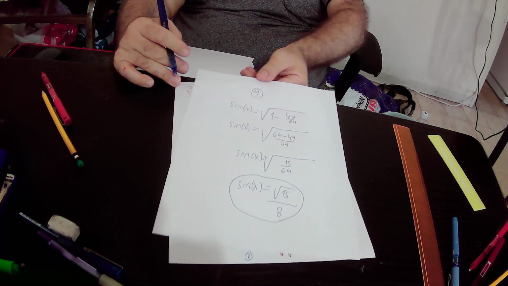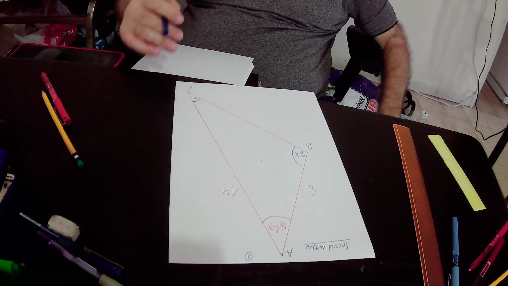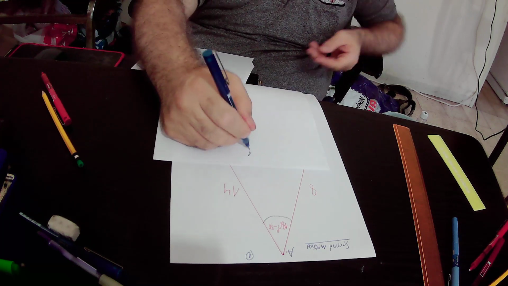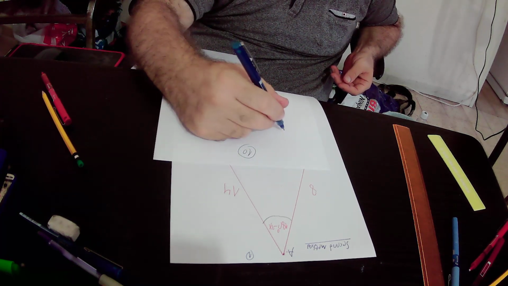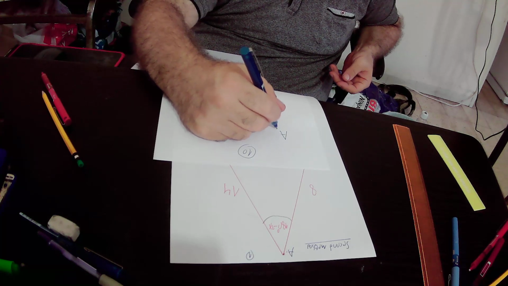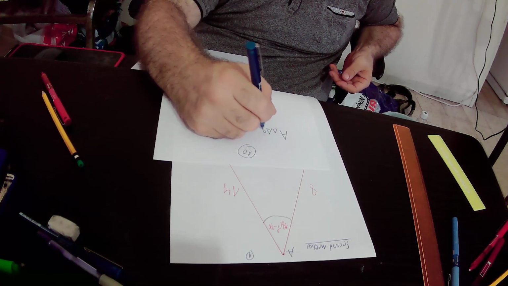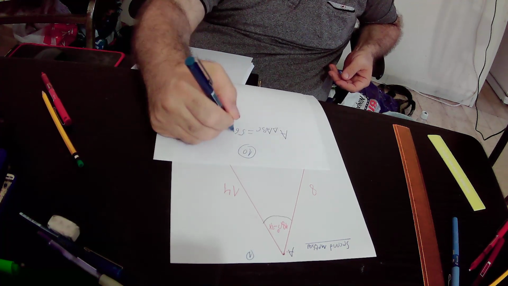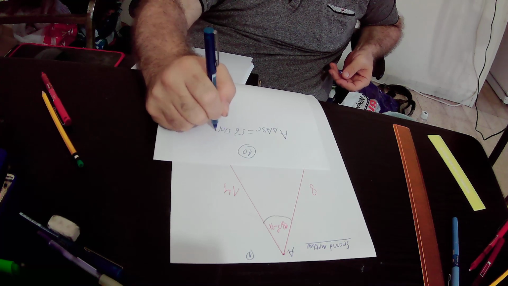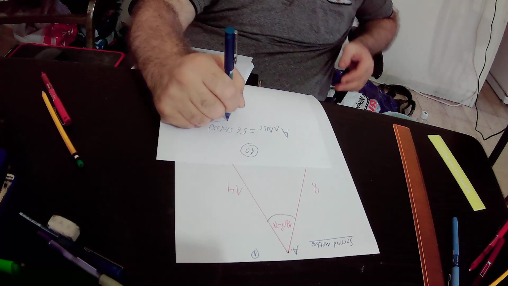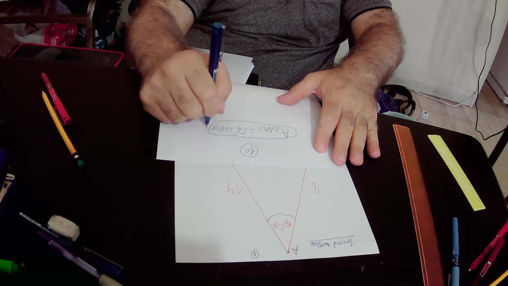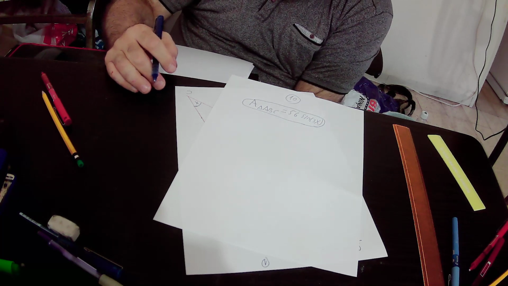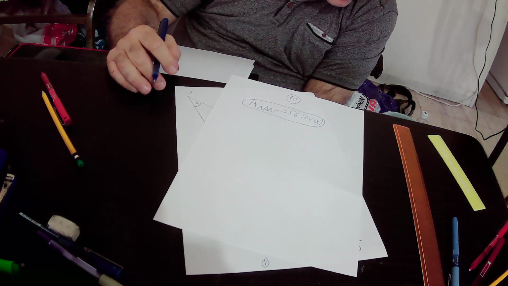But we have already found out that the area of triangle ABC, A is the abbreviation for area, equals 56 times sine 3x.